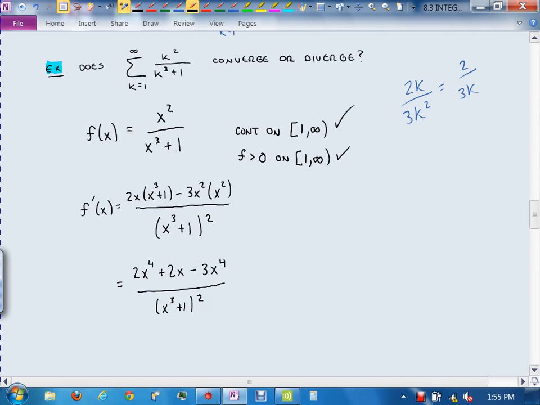What about the numerator? Okay, so doesn't this turn into 2x minus x to the fourth, all over, I'm not even going to write it down. The bottom's positive, right? That's all I care about. What can you tell me about this numerator? You want to try and factor, or how do you want to do this? Pull an x out?